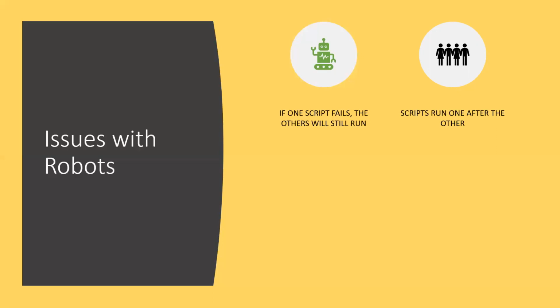But you can't do that with robots. First, the payroll test will run, for example, and only once that has finished will the fixed assets tests run. So it's going to take longer to get your results, because robots are going to say, no, fixed assets, you wait, you're in the queue. First, we are going to run the payroll test, and later we will do the fixed asset tests. That's a big inefficiency problem right there.